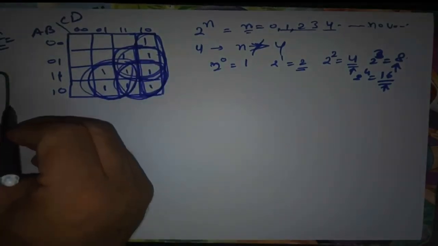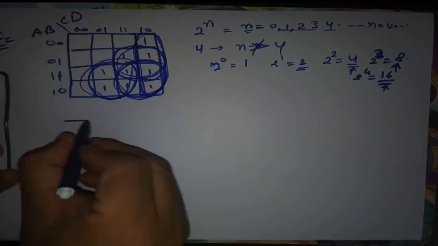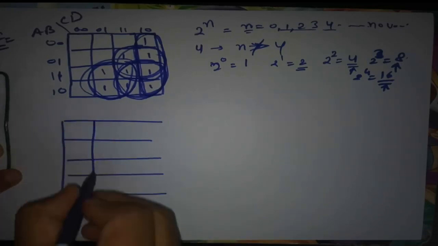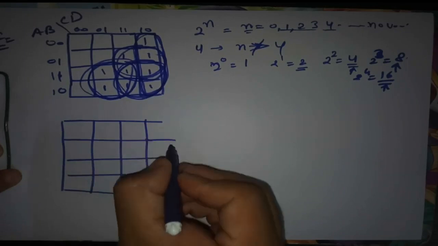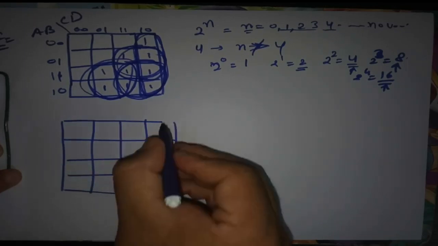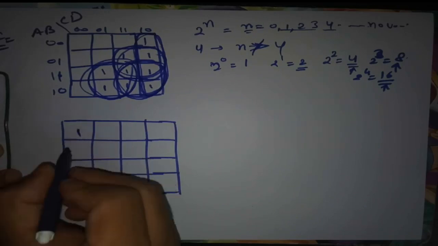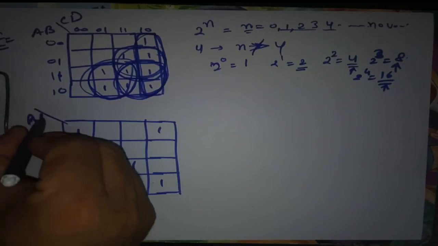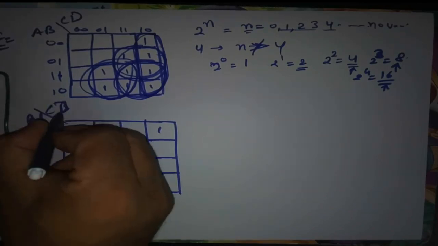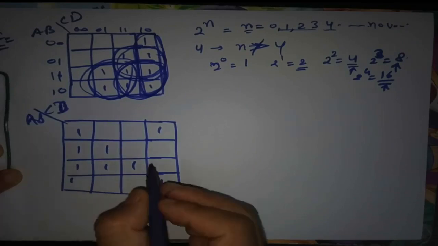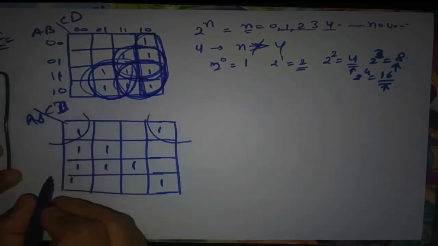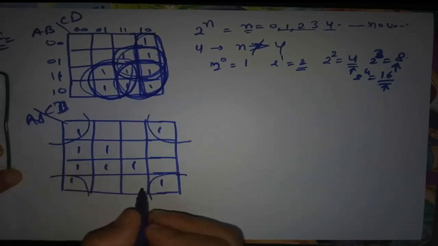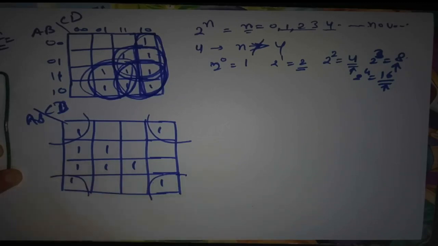Now we take this second example. Suppose we have another 4 variable function, so we create a 4 variable K-map, with 1s filled in. Suppose this is our K-map of 4 variables A B C D. Now we can create the group like that. This type of grouping is known as folding grouping.